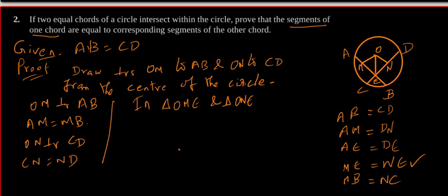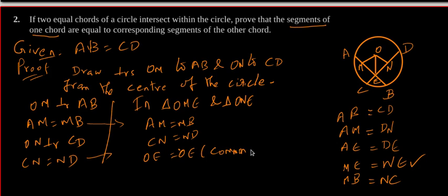For that, by this perpendicular bisection, we can take AM equal to MB and CN equal to ND, and this line OE is the common side for both of the triangles. So OE equals OE, because OE is the common side for both triangles. So each and every side is equal. So we will get SSS congruency.